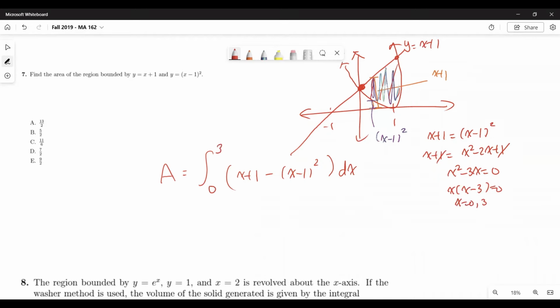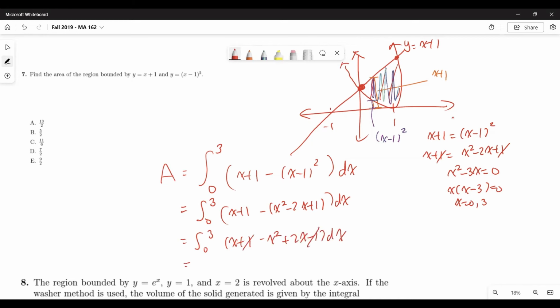Now, let's just evaluate this. The integral from 0 to 3 of x plus 1 minus (x squared minus 2x plus 1) dx, which is x plus 1 minus x squared plus 2x minus 1 dx. The 1s cancel out, and this becomes the integral from 0 to 3 of 3x minus x squared dx.